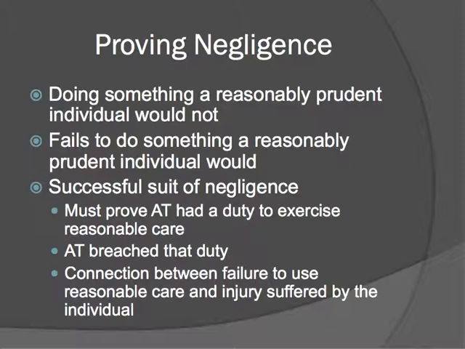For a negligence suit to be successful, it must prove that the athletic trainer had a duty to exercise reasonable care, that the athletic trainer breached that duty, and established a connection between the failure to use reasonable care and the injury that was suffered by the individual. So it needs to have all those aspects in order to be negligent.